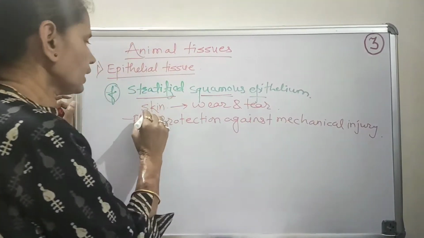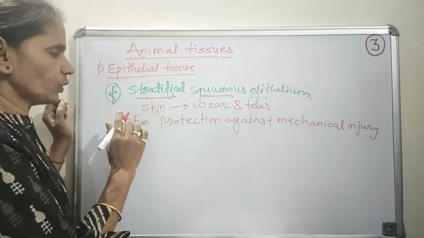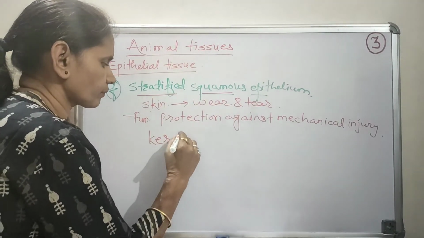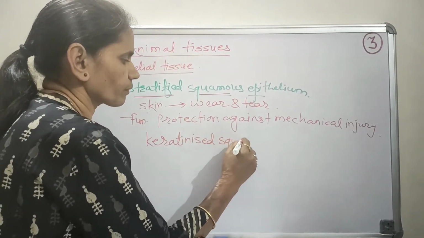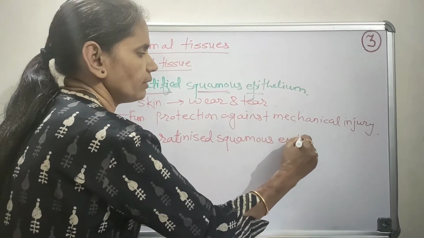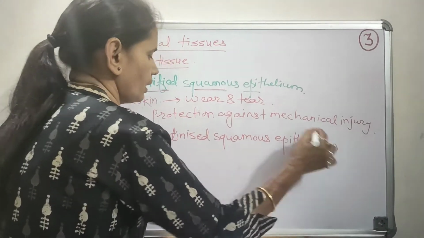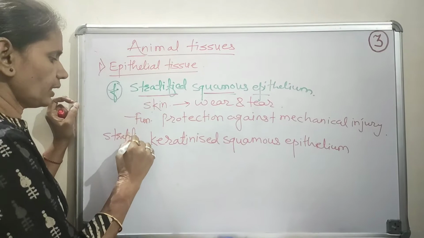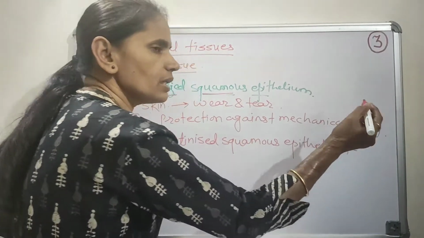Actually, in the skin, keratin is present, so it is known as stratified keratinized squamous epithelium. The stratified keratinized squamous epithelium is present in the skin.